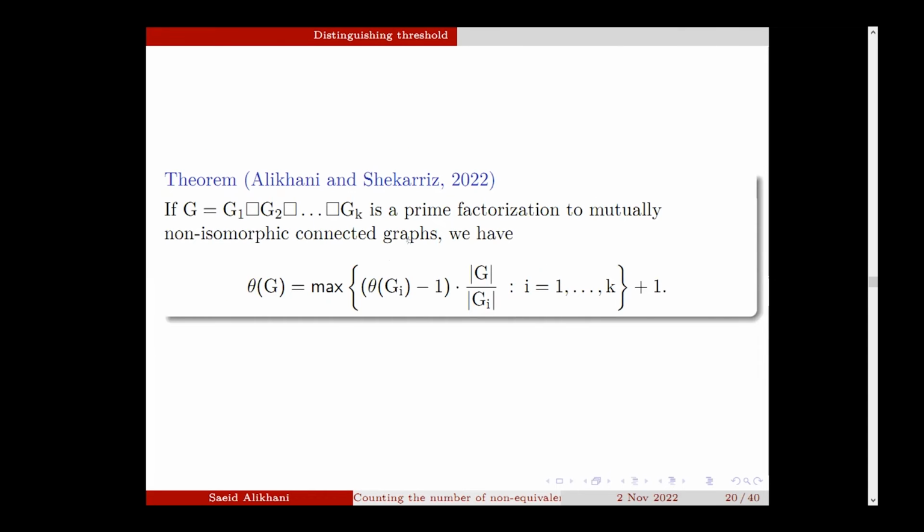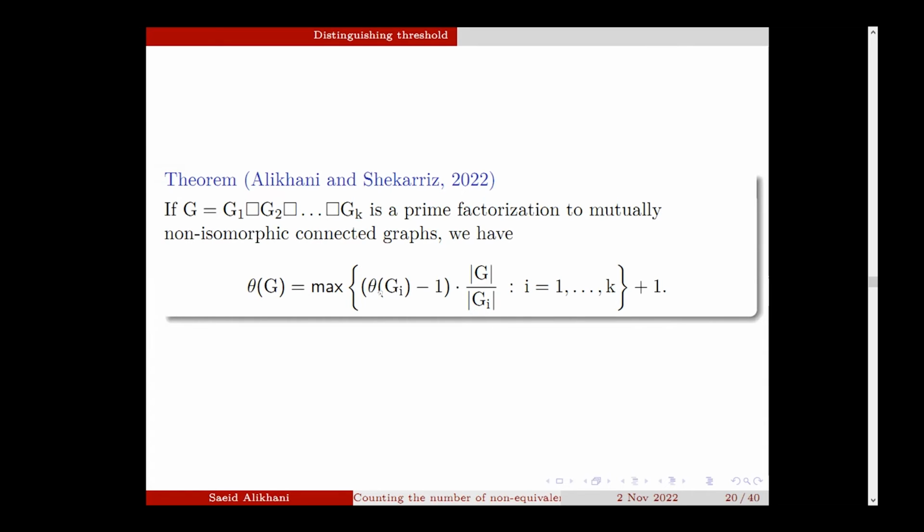And you see here the distinguishing threshold of the Cartesian product of graphs. For example, if G equals G1 through Gk is a prime factorization into mutually non-isomorphic connected graphs, then theta of G is equal to the maximum of (theta of Gi minus 1) times the number of vertices of G over the order of Gi, plus 1.